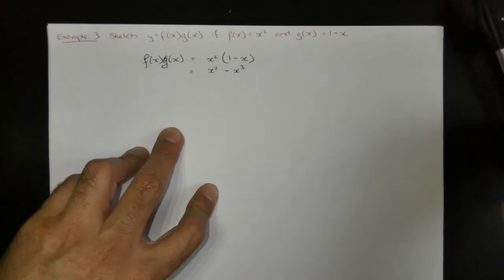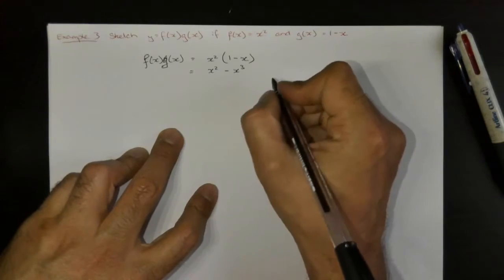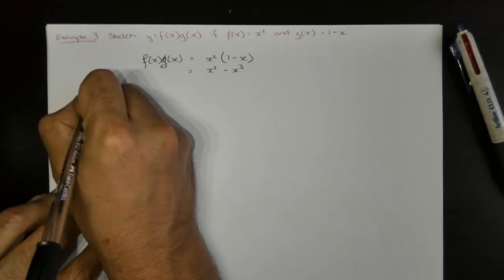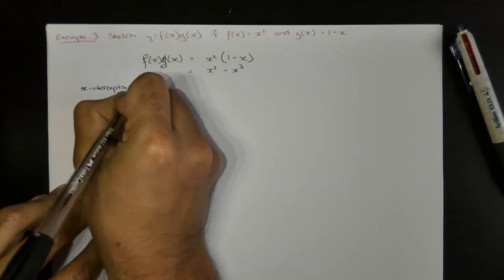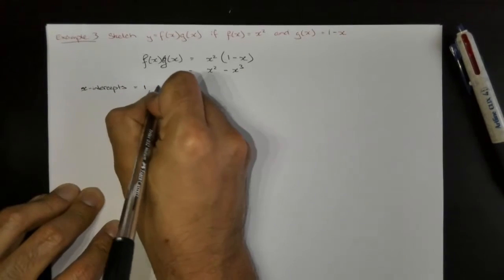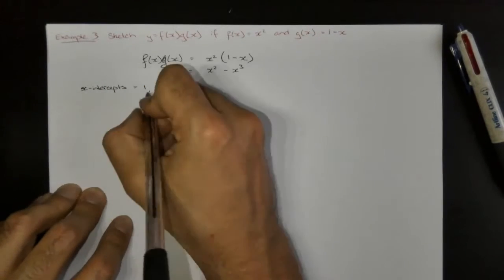So if we want to have our x-intercepts, that's going to be at 1 and 0, a double root at 0.